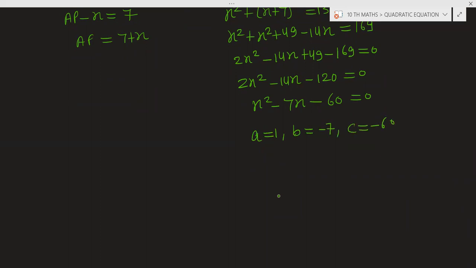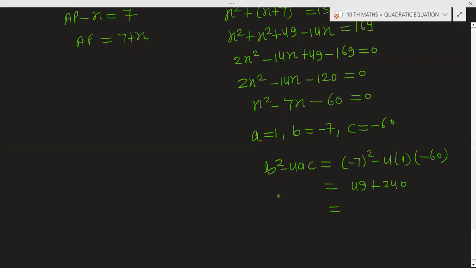Now find the discriminant b square minus 4ac. So b square minus 4ac is 7 square minus 4 into 1 into minus 60. So 7 sevens are 49 and it will become plus 240. So it will become 289. So b square minus 4ac is 289, and that is greater than 0.